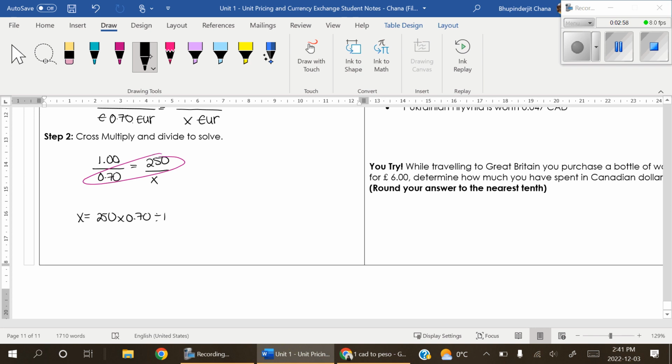Okay, let's put that into our calculators. $250 times 0.7 divided by 1. So $250 Canadian is going to equal $175.00. Whenever we're dealing with money, you want to round to 2 decimal places. So 175. And there is my final answer.